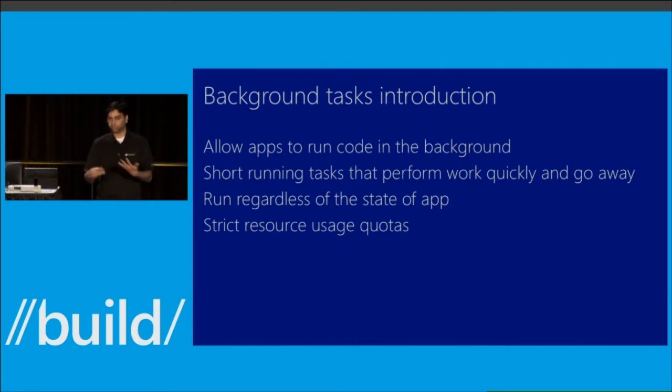We don't have services in the Metro app. The way to typically think about a background task is it has a system provided trigger, and when the system trigger is fired, your background task runs. And when you run, you basically get to do a little amount of work, and we have resource quotas on the background task that measure how much CPU you're using, how much network you're using, and if you exceed those quotas, we suspend the background task.